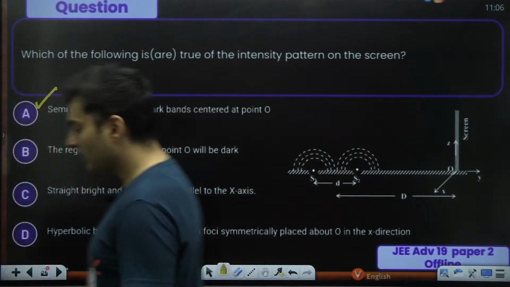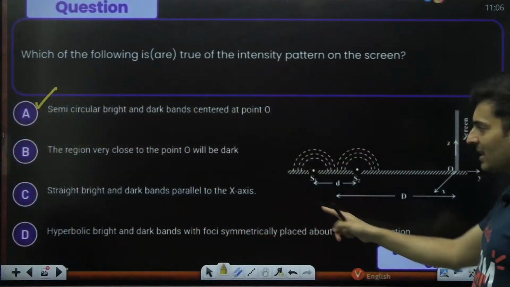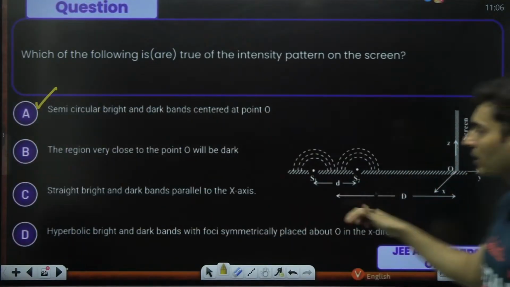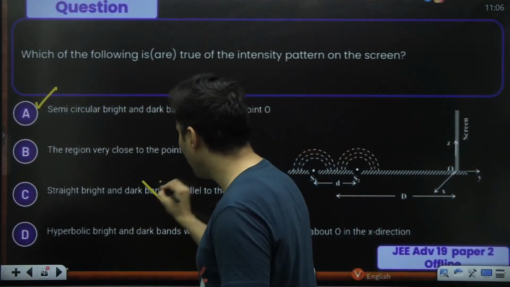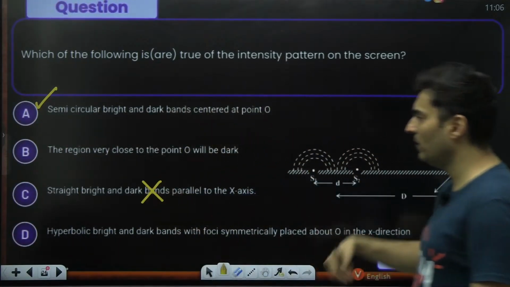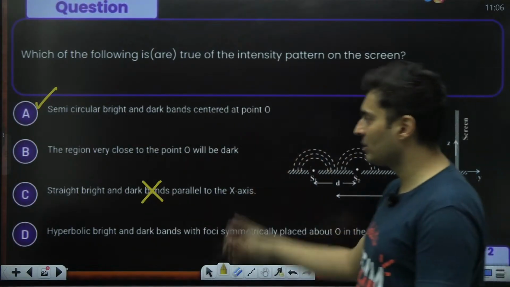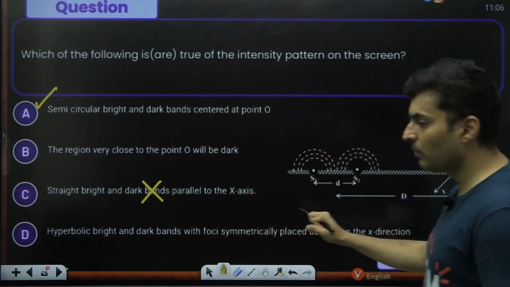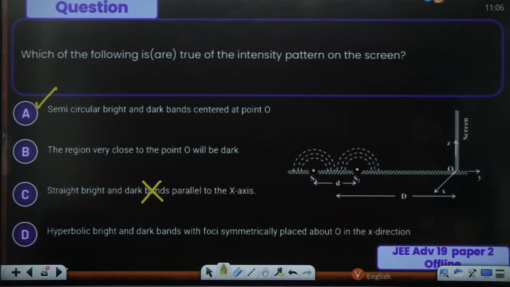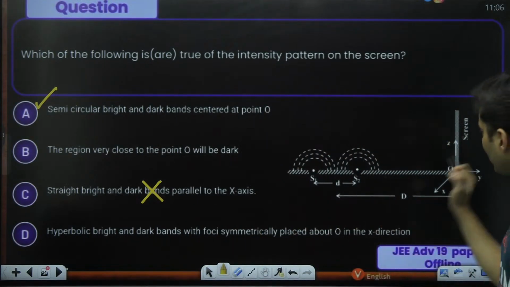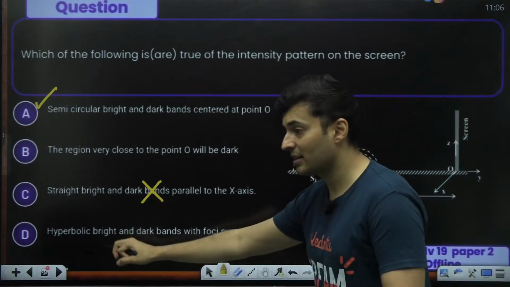Everyone with me? Bright dark bands are parallel to the x-axis? No, they are definitely not bands. Bands are not going to be formed. These are circular arcs which are going to be formed. Hyperbolic bright and dark bands with the foci symmetrically, no, it is not hyperbola. See, this word hyperbola is confusing.